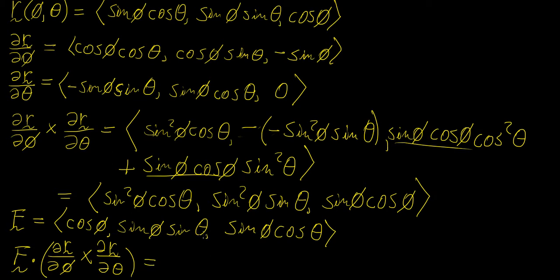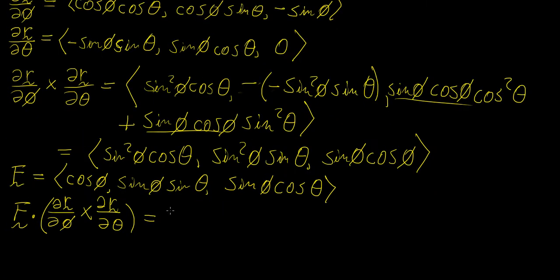Alright, so this is going to give us the following. Remember the dot product is going to turn out to be a scalar quantity, so we need to be careful about how we do the addition. So this is going to be multiplied by that, so that's going to become sine squared phi cosine phi cosine theta.